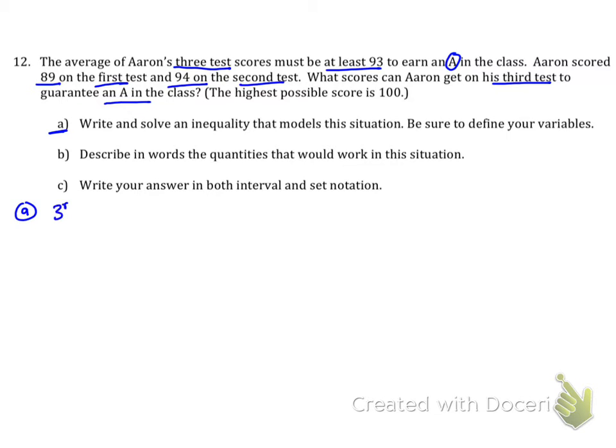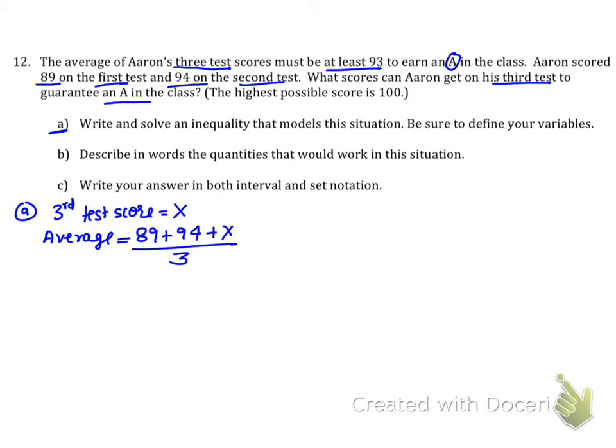So the third test score, if I assume it to be x, I have to find the average. Average is going to be: in the first test he got 89, second test he got 94, then third test we assume it to be x, and if I'm taking average, there are 3 items, so divided by 3. They're saying write an inequality.